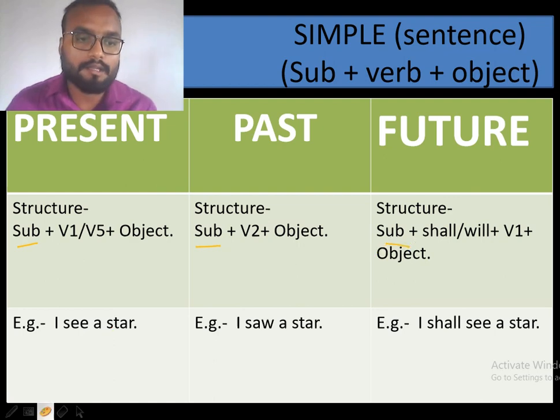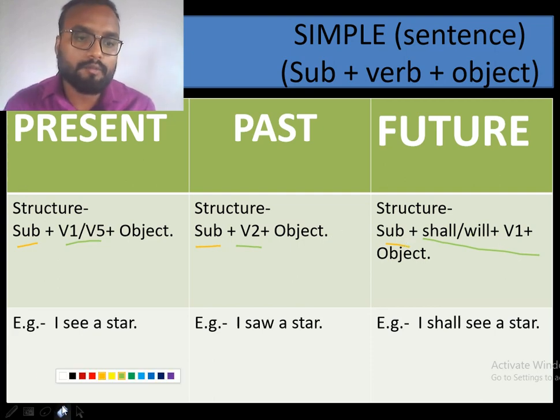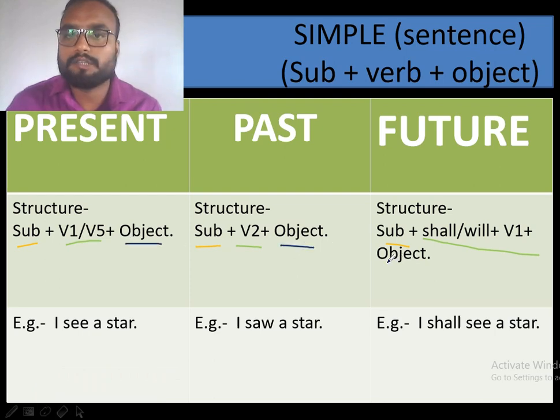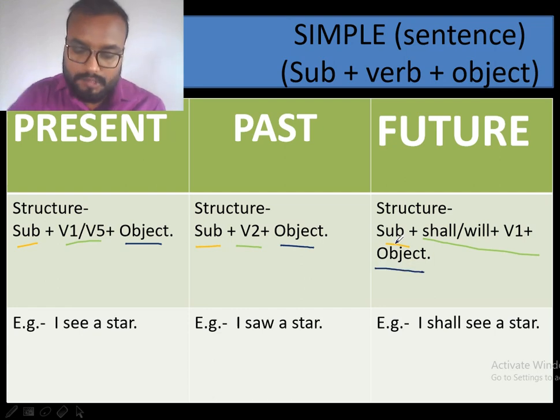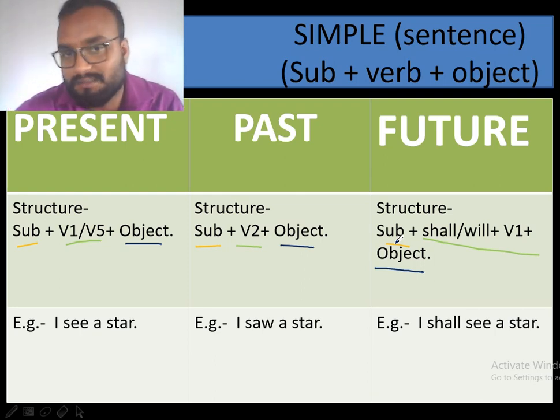Again in the second case, only one verb is there, one verb is there, along with the auxiliary in the future case. Again only one object is there, one object, one object, one object. So this is why I collaborated in this form, because the structure is quite similar and it becomes easy to understand and learn.